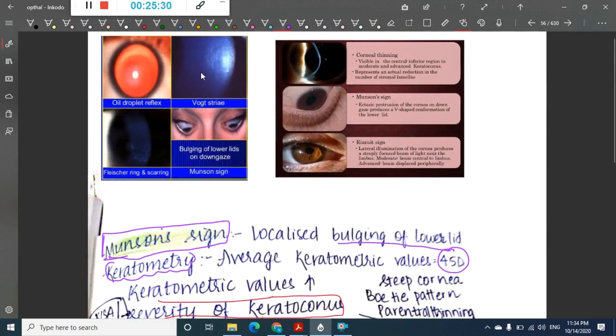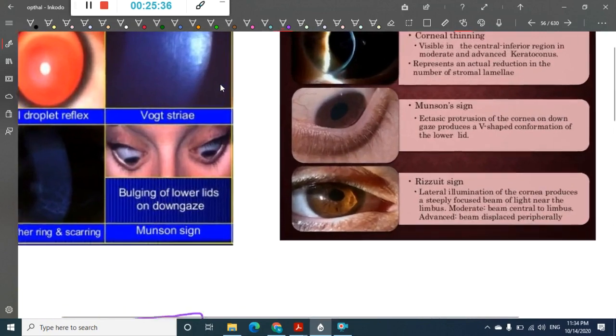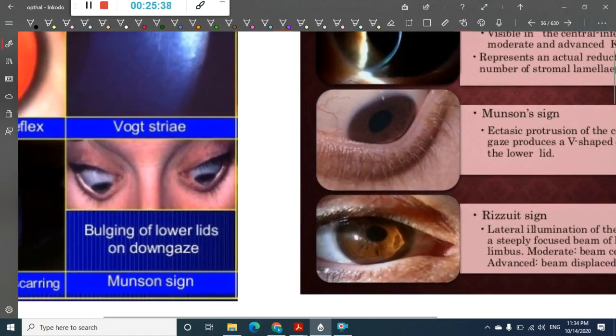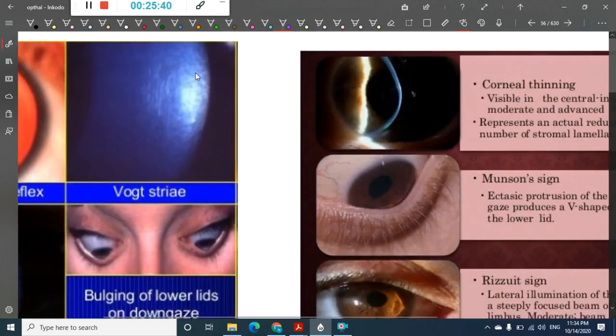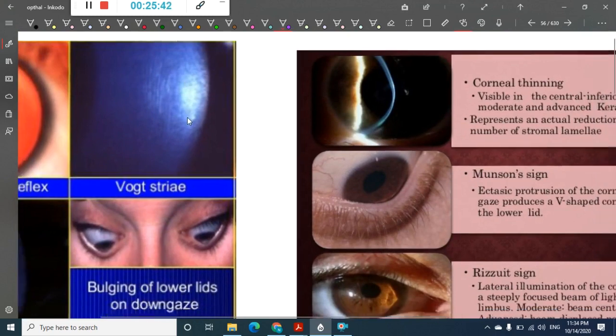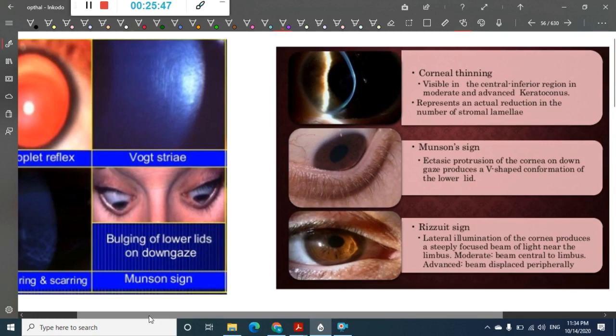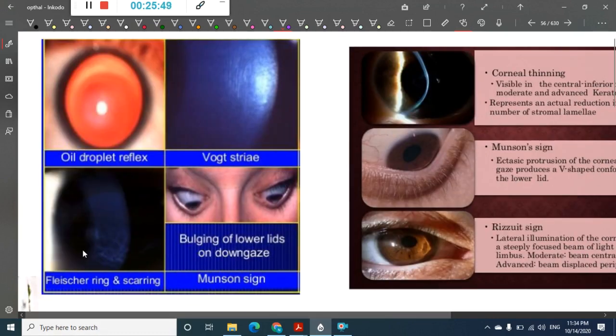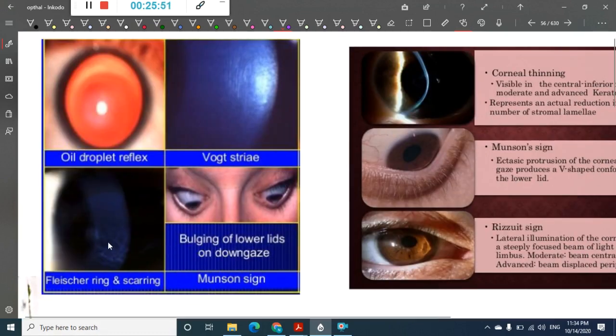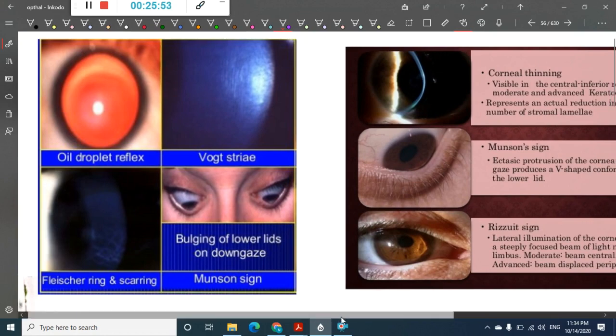Then what are Vogt's striae? Vogt's striae are the vertical lines which you see. If you clearly observe this, I'll just zoom in also. These vertical lines which you see on the cornea are called Vogt's striae. Then this ring which you are seeing here is Fleischer's ring.